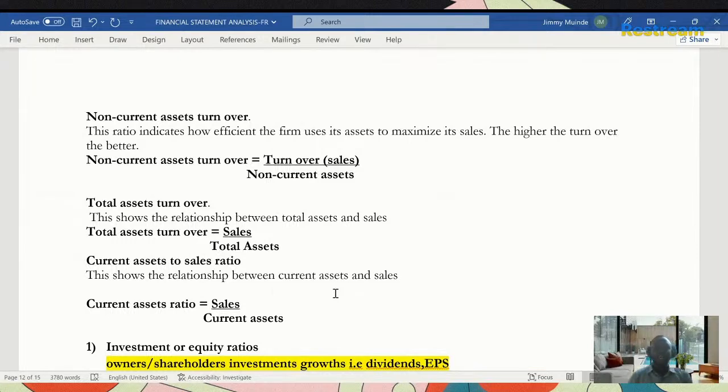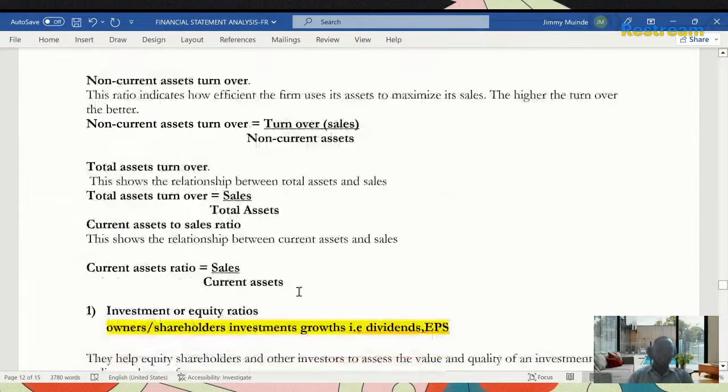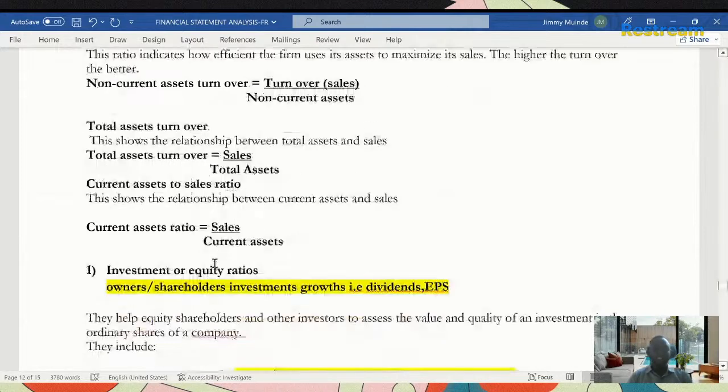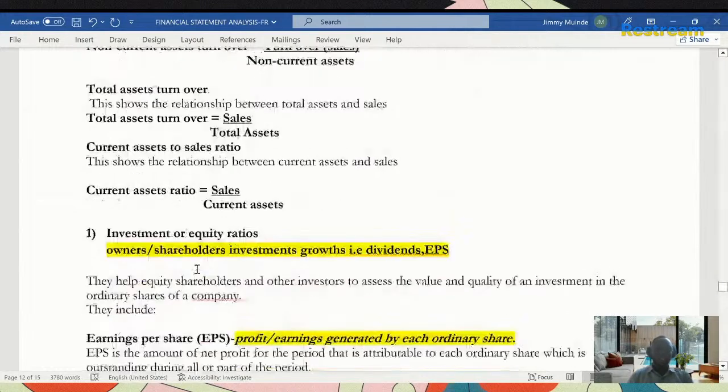This is how efficiently a firm uses its total assets to convert them into sales. And we also have current assets to sales ratio, which is given by sales over the current assets. And then the last but not least is the investment or equity ratio.